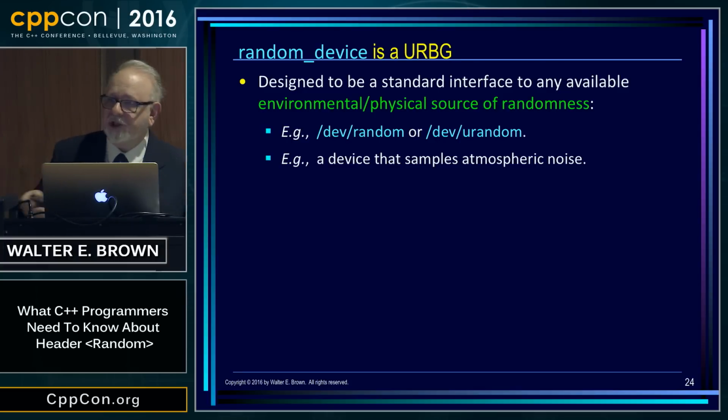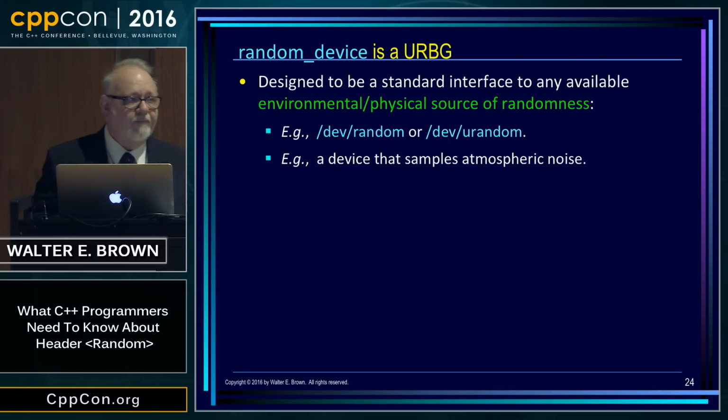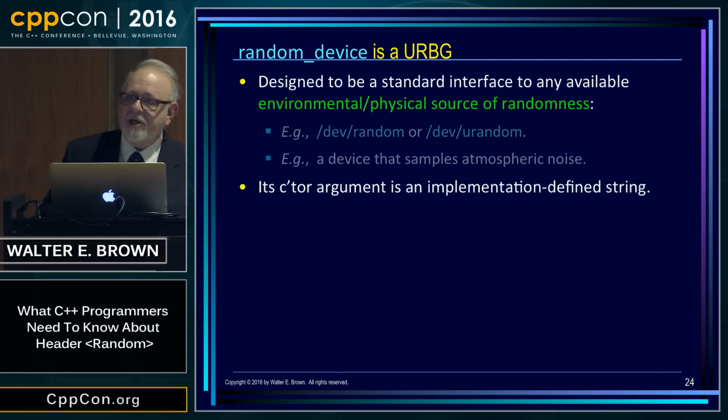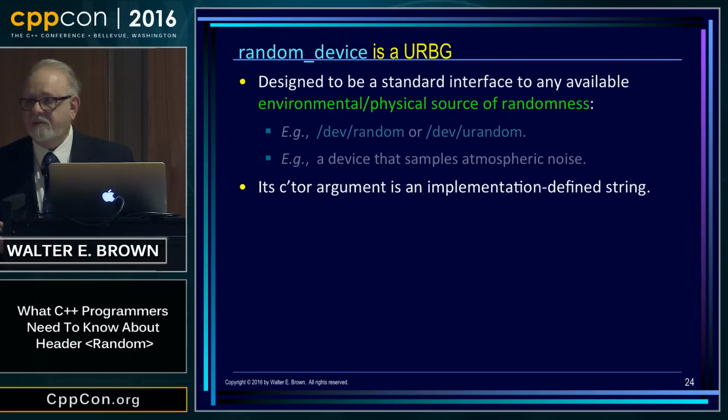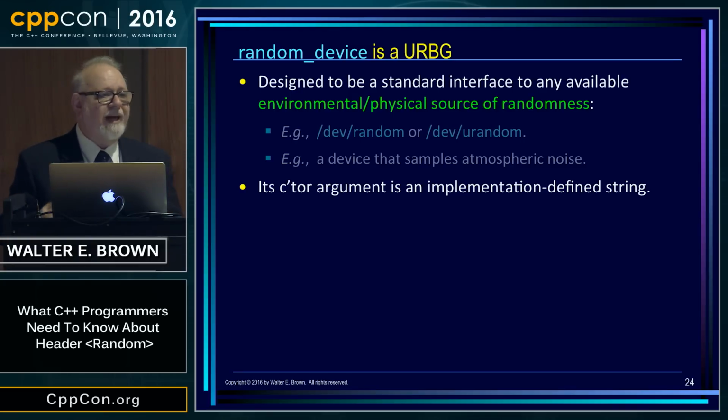Now, by its nature, we can't supply much of the body of this. It's an interface in particular. And the way you use it is implementation defined. Your implementation has to specify how you gain access to it. And what we've said is there's a constructor that takes a string.